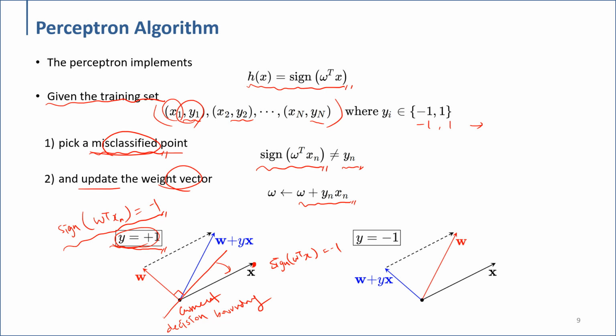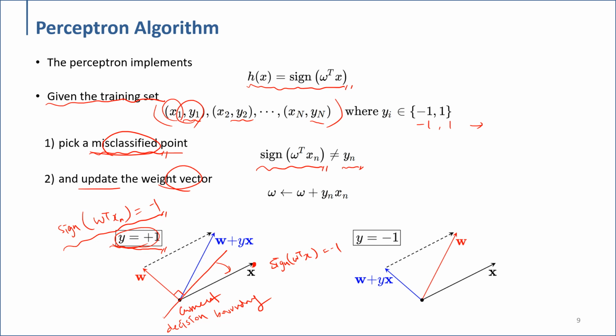So for that, let's update the weight, which is omega plus yn xn. Using vector addition, the updated value would be like this. The blue line would be the updated weight vector.